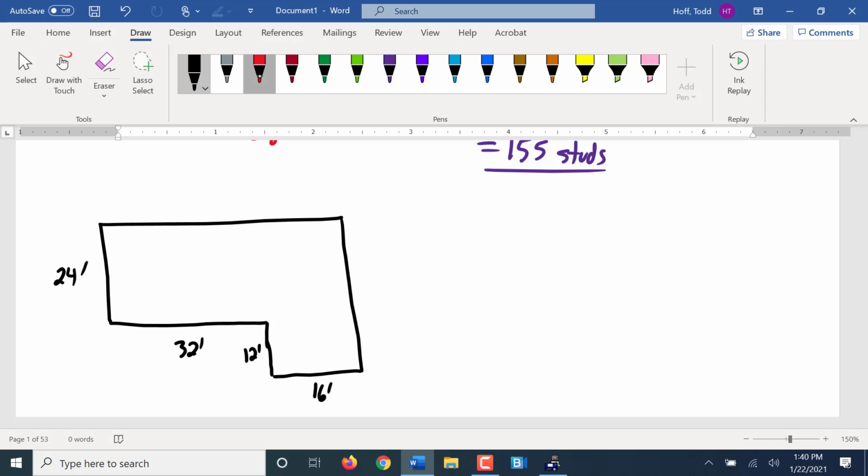First, what's this dimension up here going to be? 48, good. Just the 32 plus the 16. How about over here? 36, good. Just the 12 plus the 24.